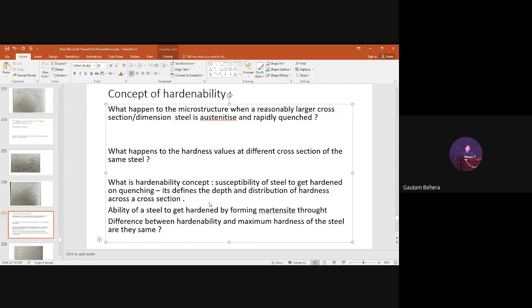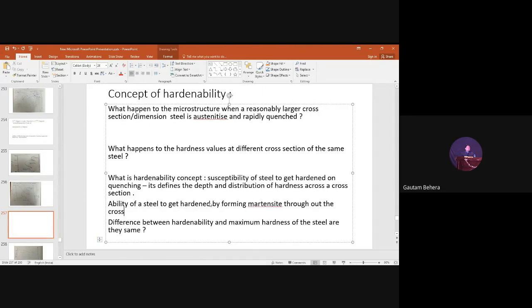Throughout the cross section of the steel, of the sample or the specimen, throughout the cross section of the steel, without drastic quenching. So this part can be justified.